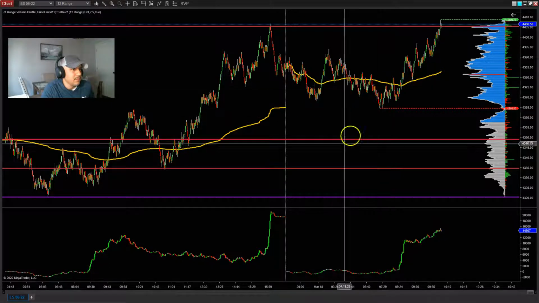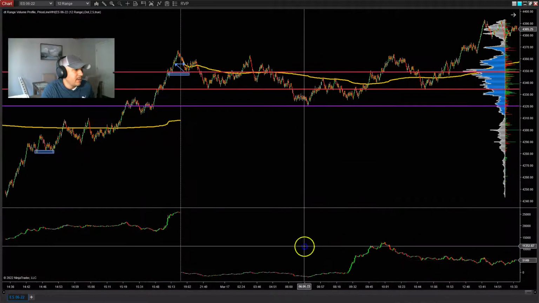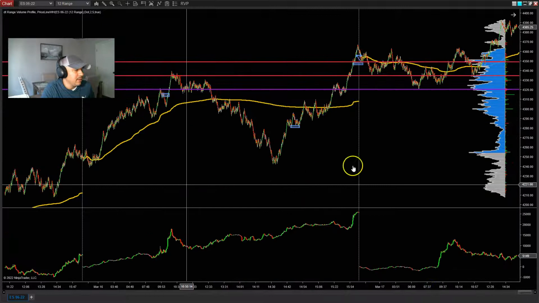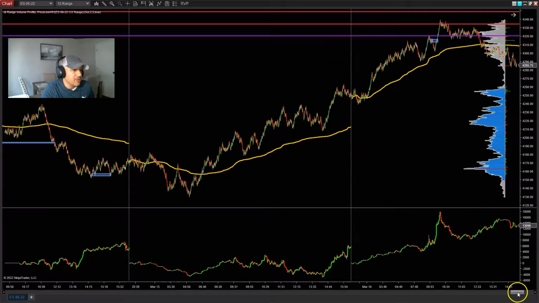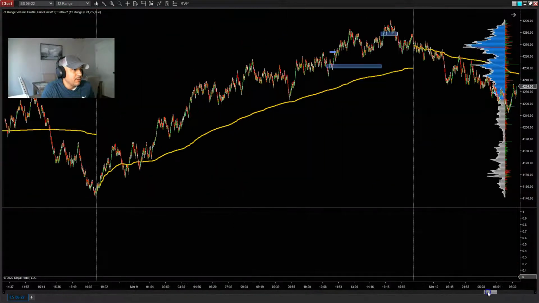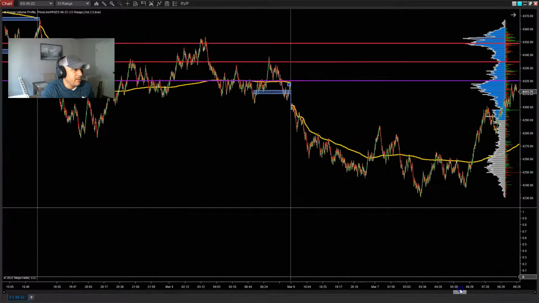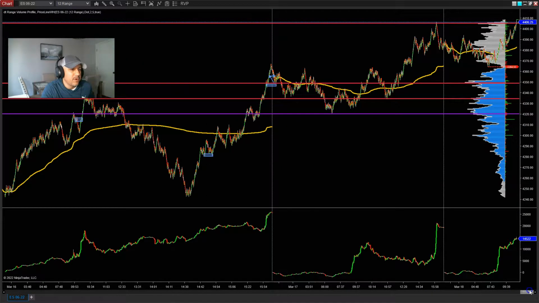Okay, so let me go back because I like to see just going back here on the chart. Where are we at? 40. Where's price at right now? It's at 44.06. Okay.